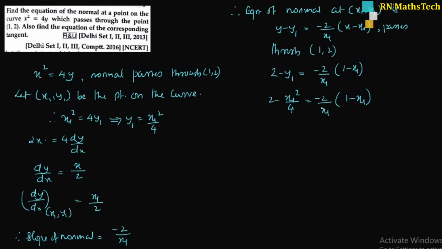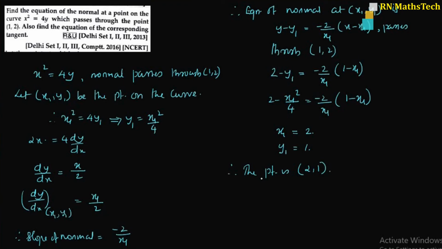So simplifying, x1 is equal to 2 and y1 is equal to 1. Therefore the point is 2, 1.